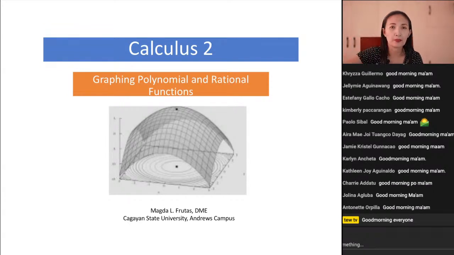And if f double prime of c is positive, the graph concaves upward. So there is a minimum. So we shall combine all this information plus your knowledge about asymptotes and x and y intercepts to sketch polynomial and rational functions.